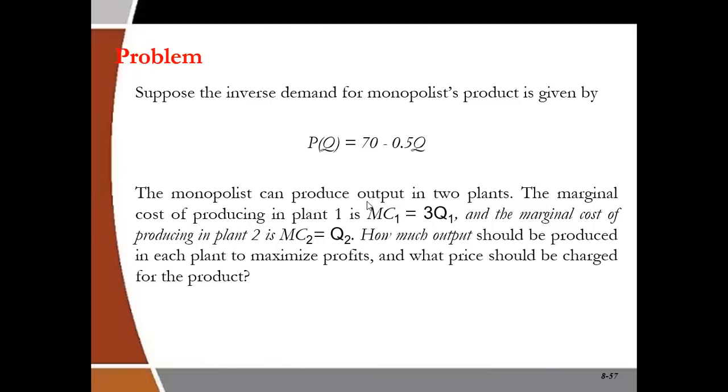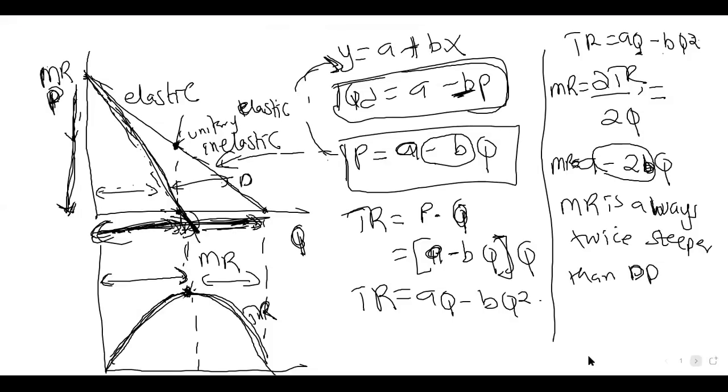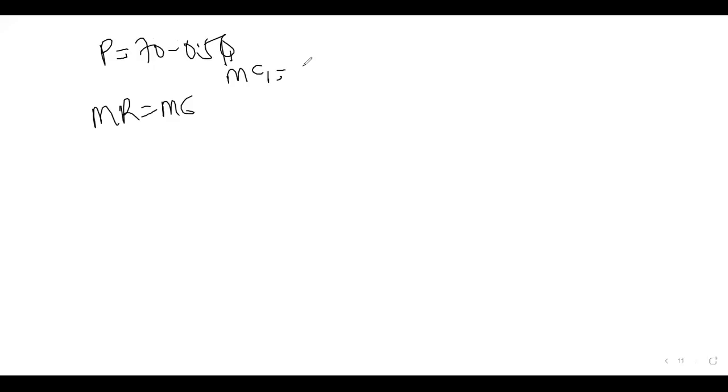The profit maximizing situation is when marginal revenue is equal to marginal cost. Here we have price equal to 70 minus 0.5Q. Marginal cost 1 is equal to 3Q1. Marginal cost 2 is equal to Q2.